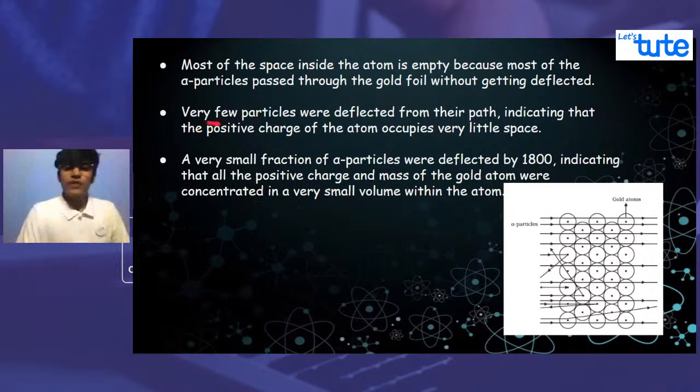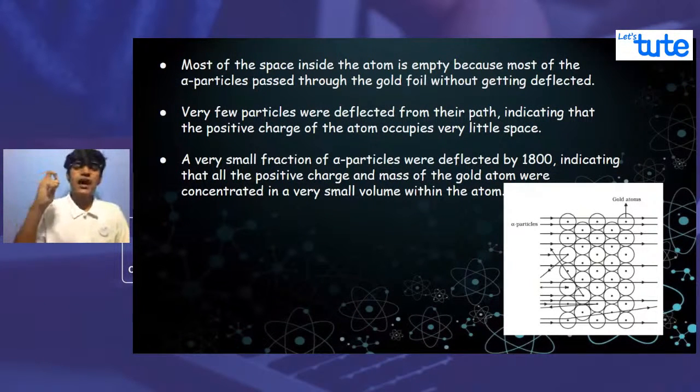Very few particles were deflected from their path, indicating that the positively charged atom occupies very little space. Because a very small number of alpha particles used to deflect from their position, that simply means a very small amount is actually positively charged particles inside the atom, and it occupies very little space.